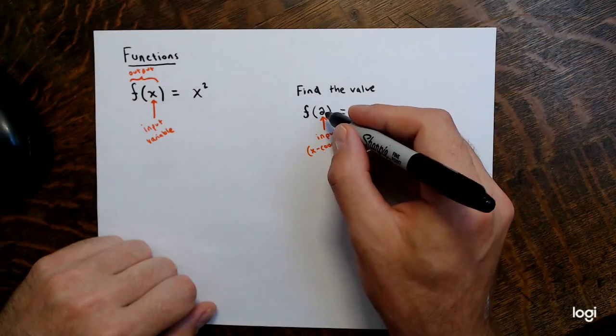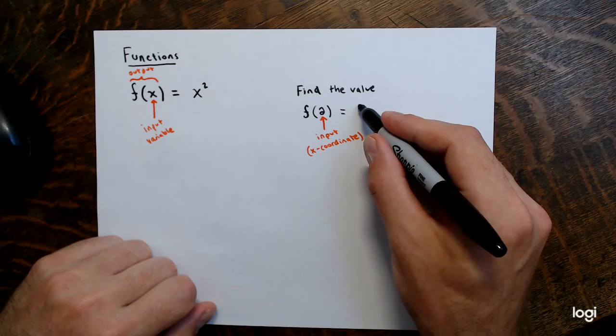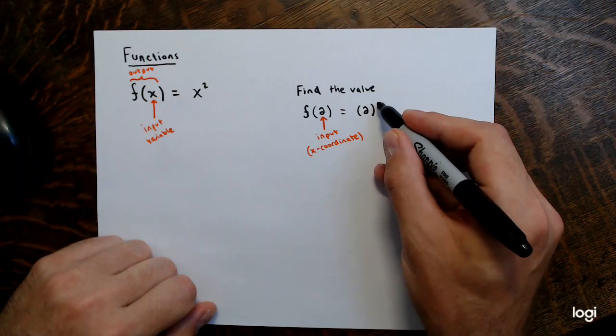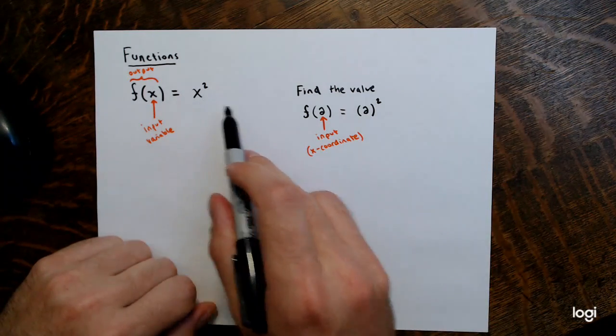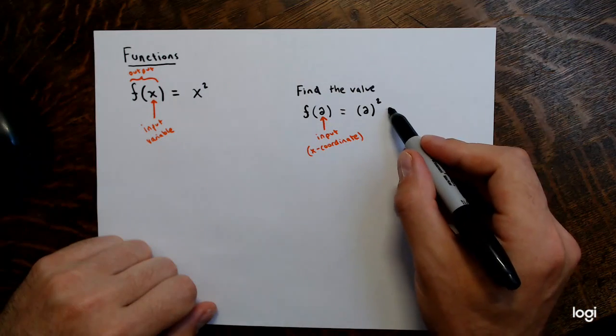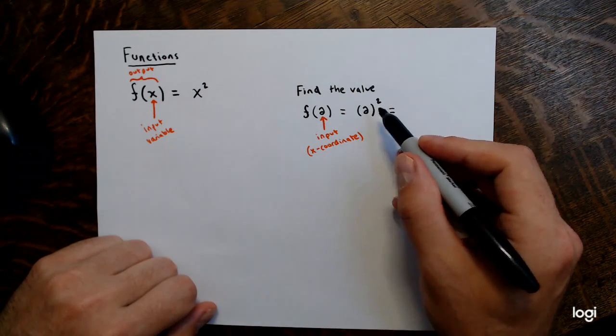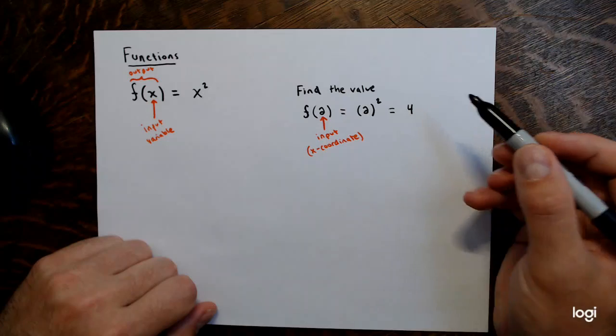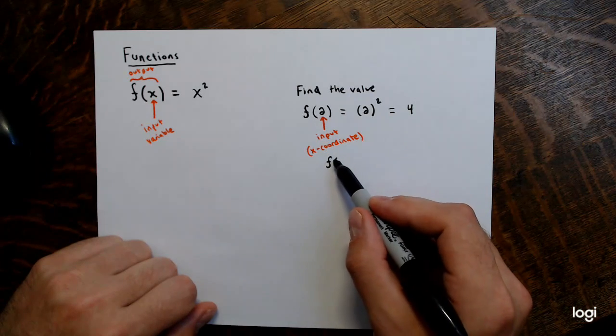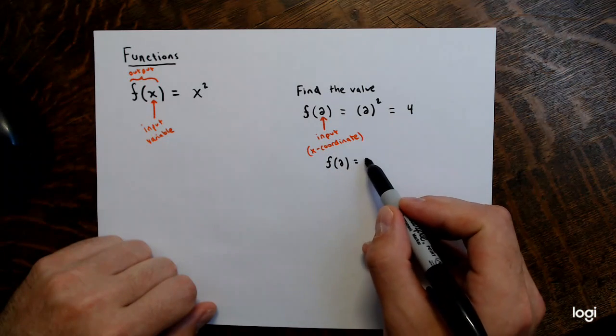So I just go through the rule and replace x with 2. So the value of f at 2 will be 2 squared. You see how 2 replaced x everywhere. Now 2 squared is 2 times 2, that is 4. So f of 2 is equal to 4.